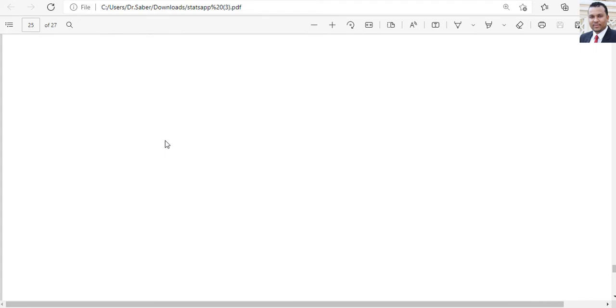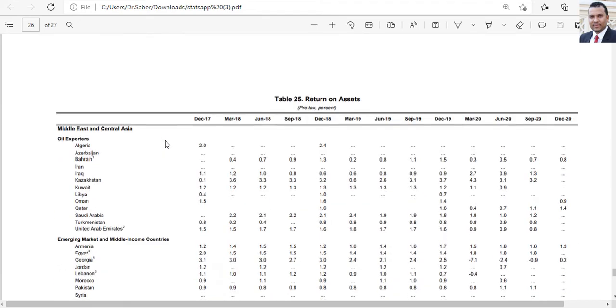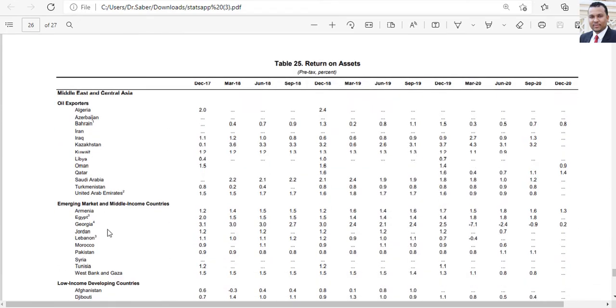What about the next value, return on assets? Return on assets, pre-tax. The same.